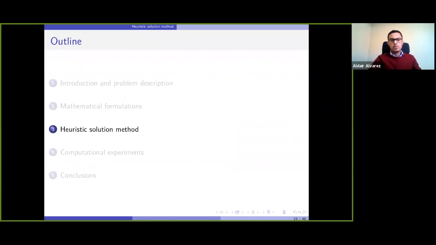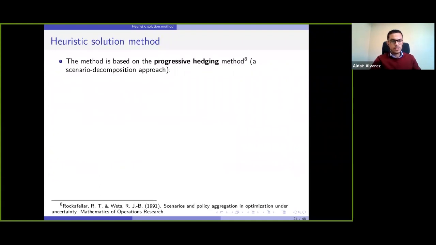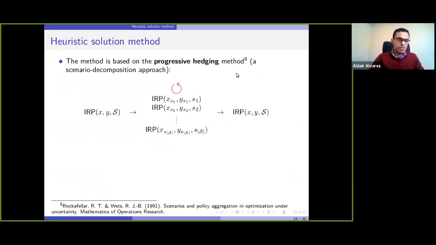So given that problem, we also propose a heuristic solution method for that, which is based basically on the progressive hedging method. This progressive hedging method is a scenario decomposition approach in which I'm going to illustrate here with our case.